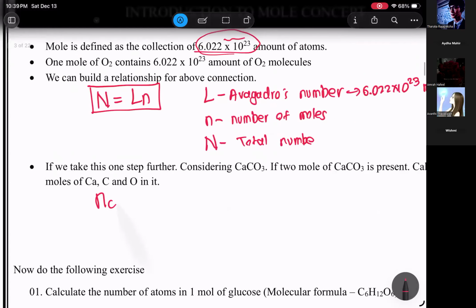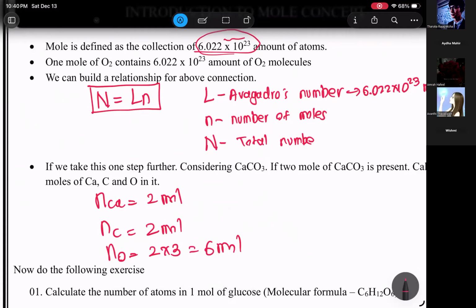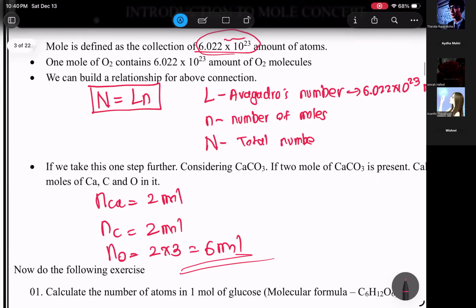Number of moles of calcium is the same, 2 moles. Number of moles of carbon, the same, 2 moles. Number of moles of oxygen, you multiply that by 3: 6 moles. You understood, right? Basic, very easy concept.